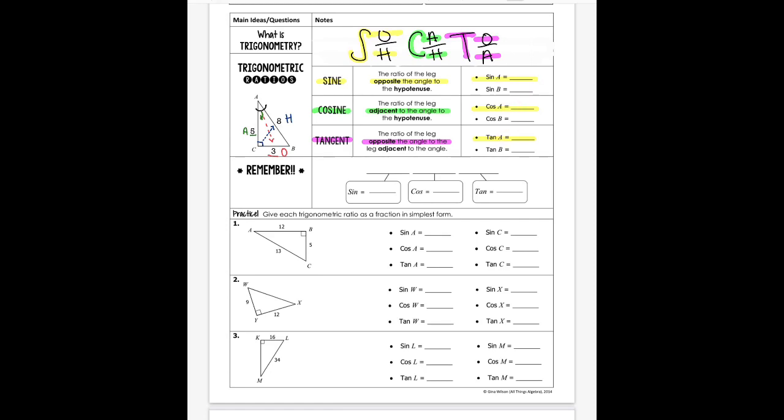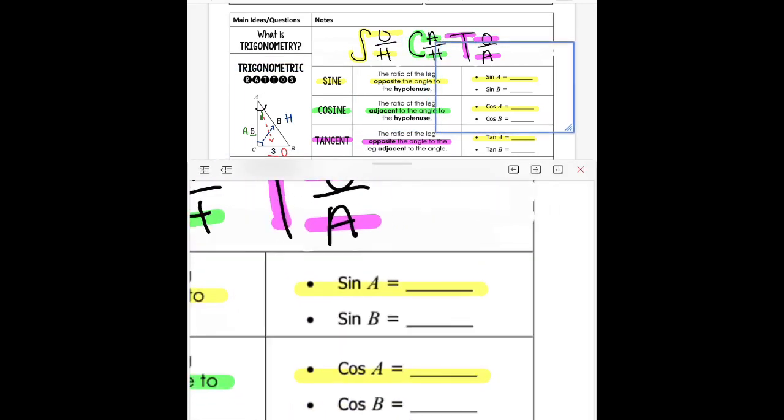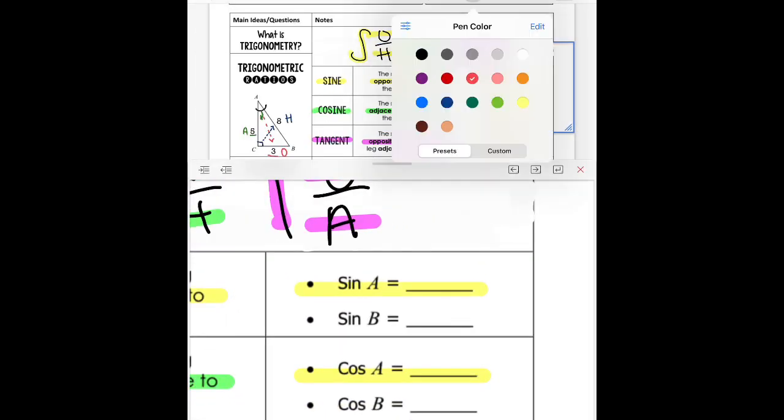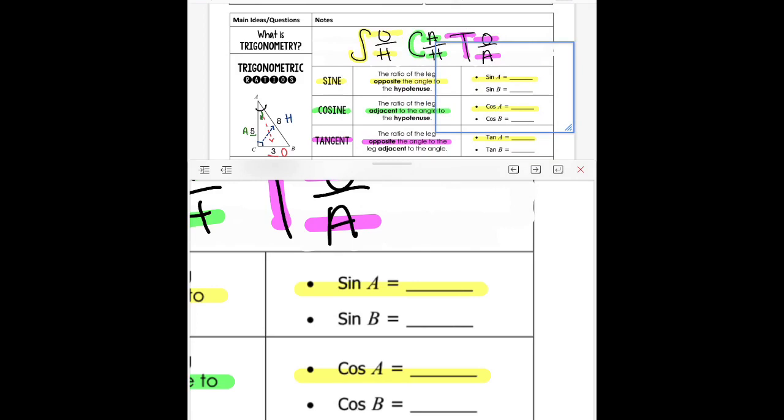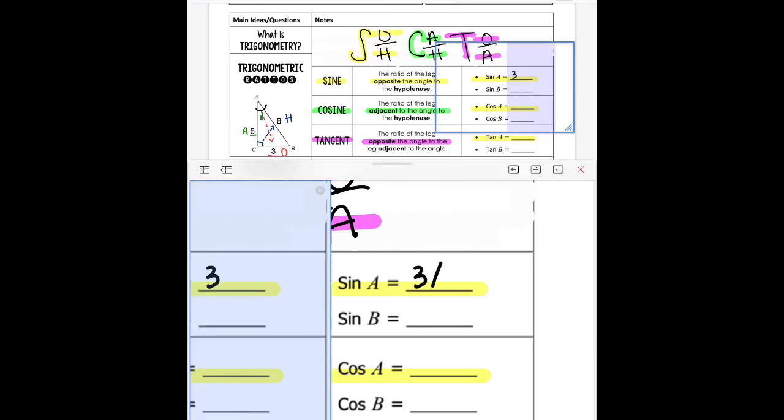For the sine of A, again, remember, sine is the S one here. And sine equals the opposite over the hypotenuse. So the ratio that is equal to the sine of A is just going to be 3 over 8.